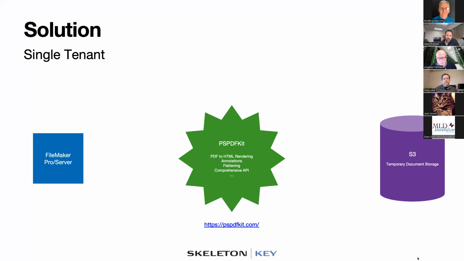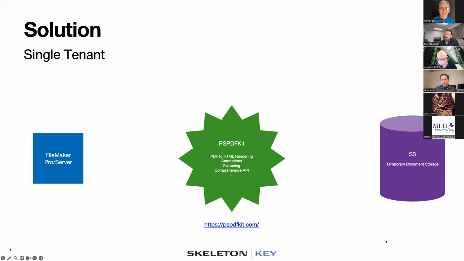You can see they have a range of technologies and different ways that you can use this technology in different environments, whether it's server side or possibly bundled into an app on a device. You can see some of the customers out there who are using it, like Box and others who use this as their PDF viewing and annotating technology.